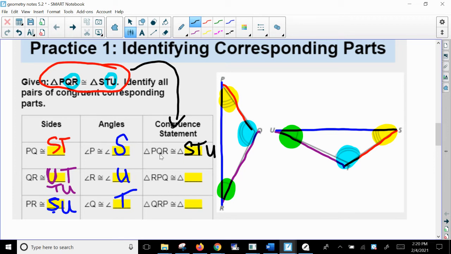Well, I know it's got to be U, S, T. See that? R, P, Q, U, S, T. So I'm going to write that. U, S, T. QRP, T, U, S. Okay?